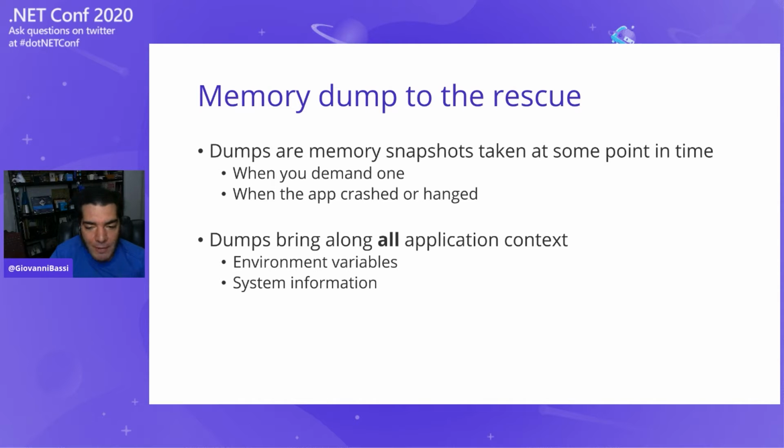It will bring all the application context for you, like environment variables and system information. This is very dangerous because this includes all the application state, including secrets, connection strings, and all the system information that the application was using. So you should be very careful with how you handle this information.